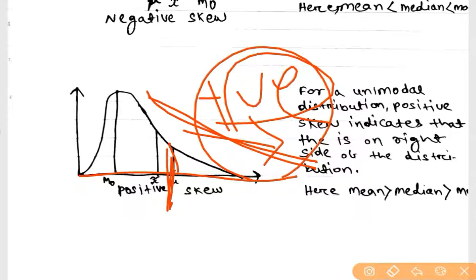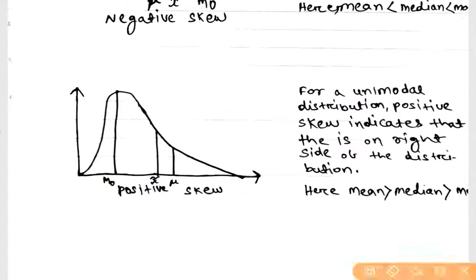You can see here that the mean is at the higher distance. It means the mean is bigger than the median, and the median is also bigger than the mode.